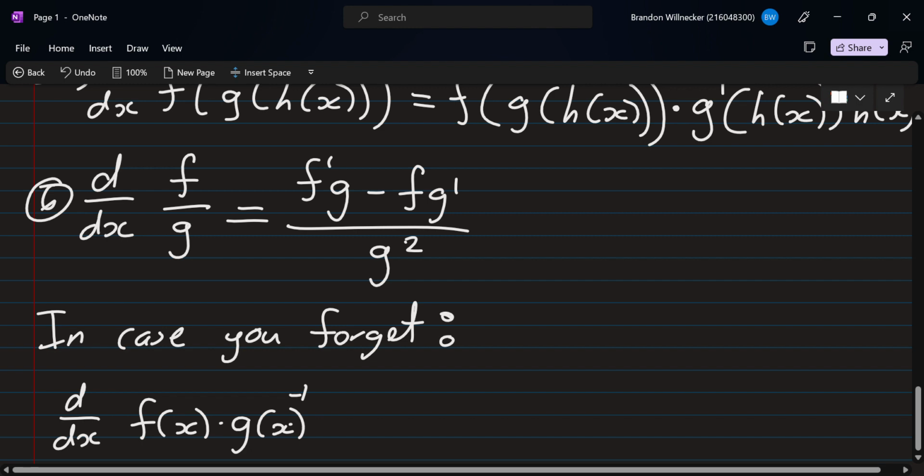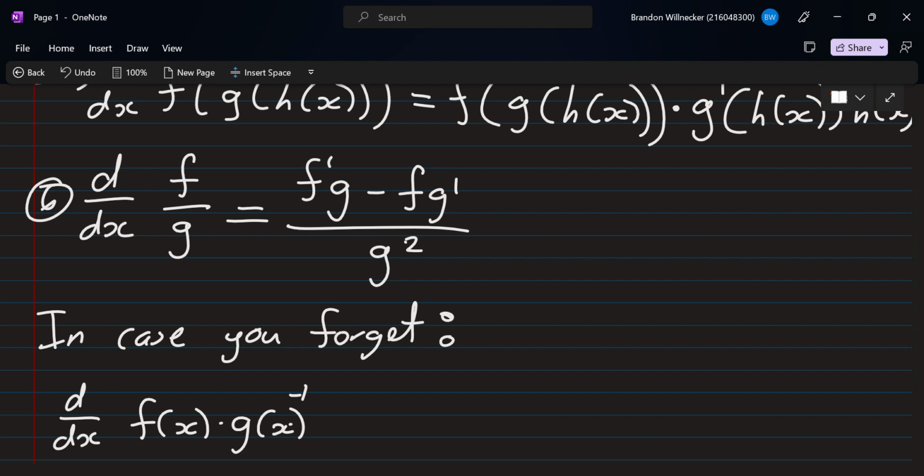Having g to the minus 1 is the same as having it in the denominator, which is exactly what we have there for number 6. We've got g in the denominator. So now, notice we've got a product of two functions, so we can use the product rule.